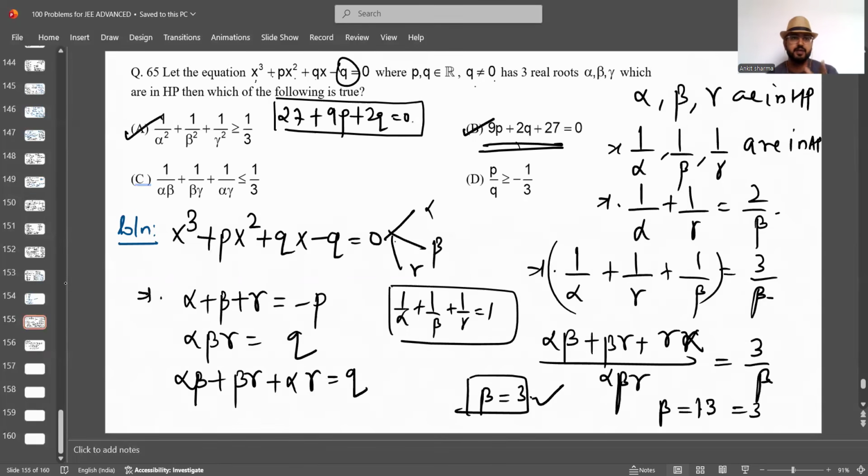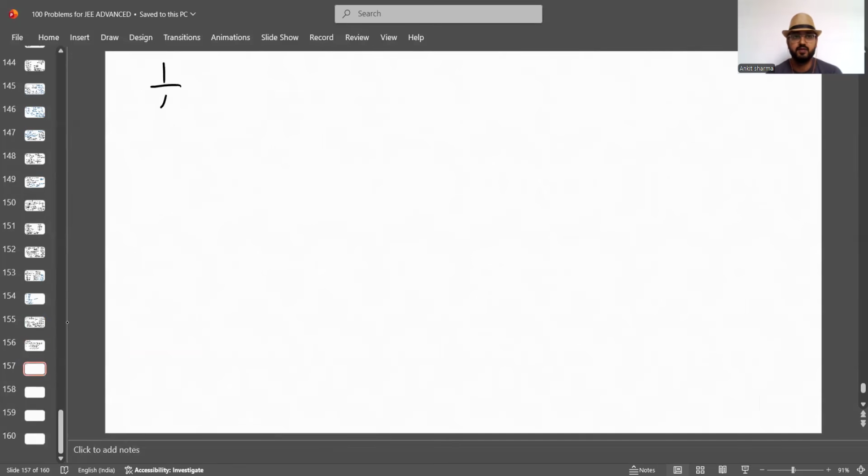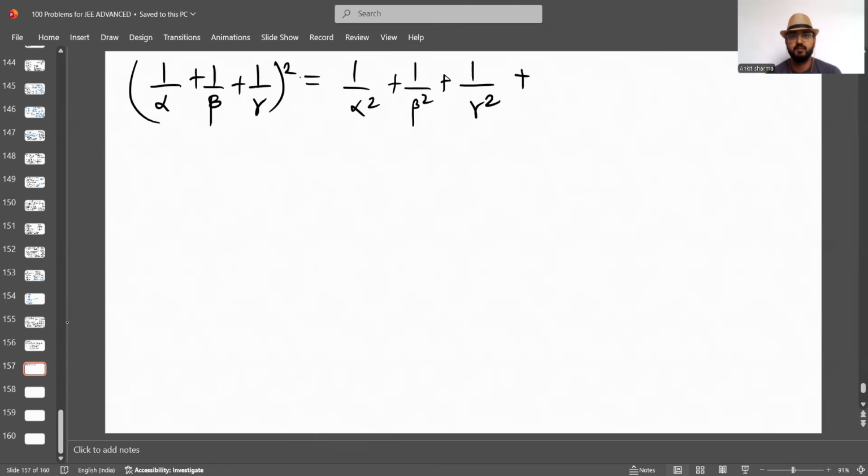Now let's go for C. This requires 1 over alpha beta and so on. By common sense, we have alpha beta, beta gamma, gamma alpha. That means I should think of squaring: 1 over alpha plus 1 over beta plus 1 over gamma, the whole square, is equal to 1 over alpha square plus 1 over beta square plus 1 over gamma square plus 2 times 1 over alpha beta plus 1 over beta gamma plus 1 over gamma alpha. I know this quantity is 1.